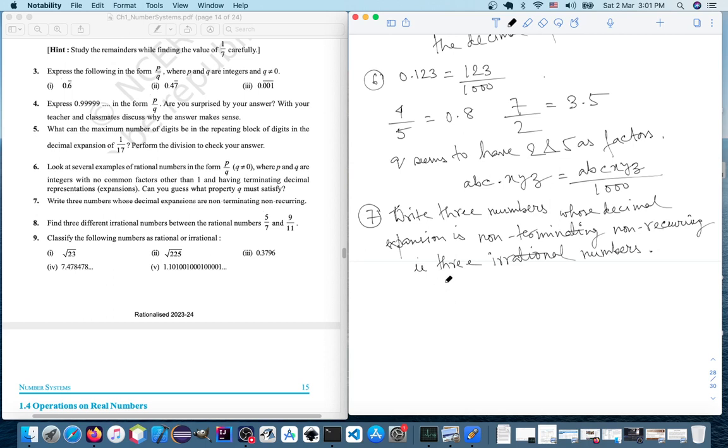Let's say 0.10110 10001, no pattern. This could be 2.18293674112, any.